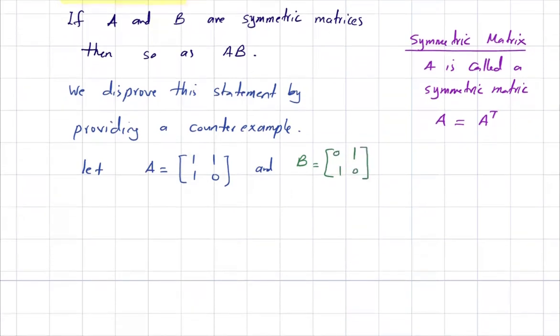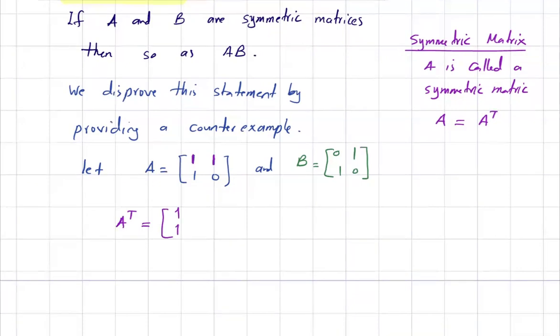Both of these matrices are symmetric matrices. Why is that? Because for the transpose of matrix A, by switching its rows and columns, we get 1, 1. So this is your very first row, 1, 1, and now it becomes the first column.